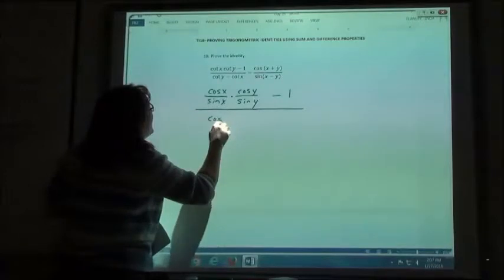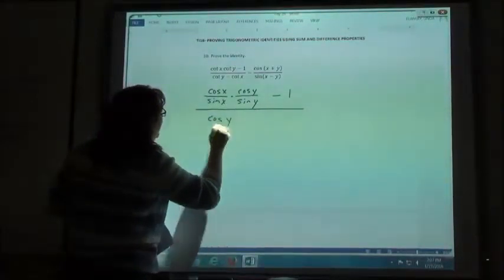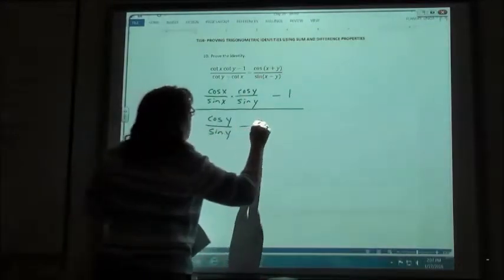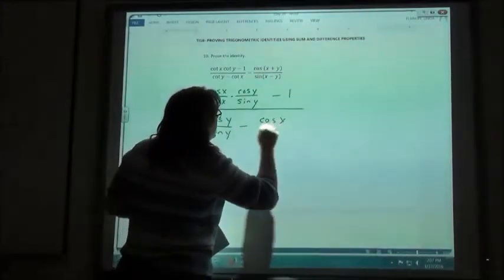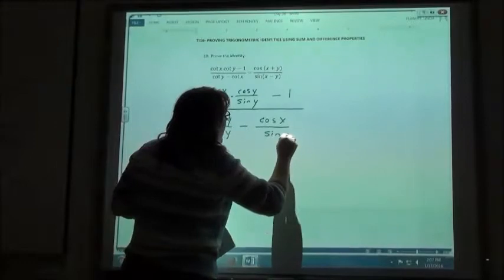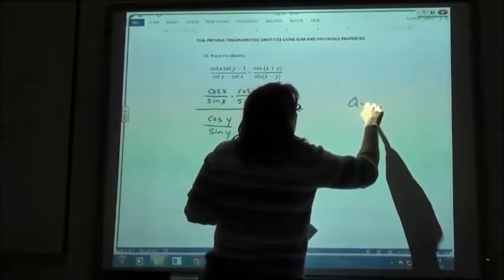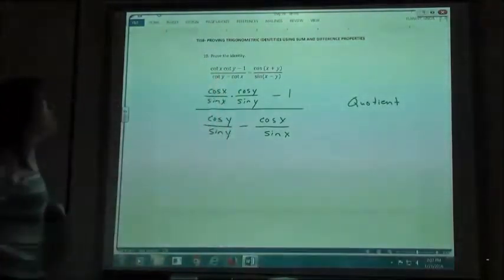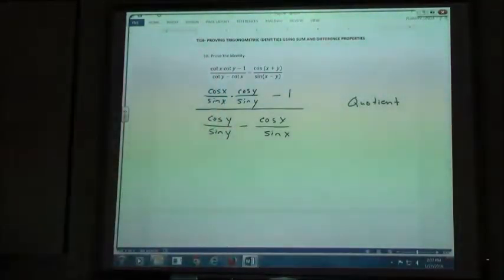So cosine of y over sine of y, minus cosine of x over the sine of x, using my quotient identity to replace all of my cotangents with cosine over sine.